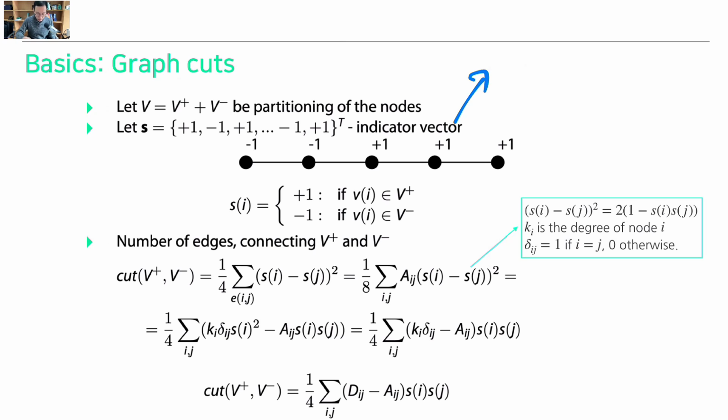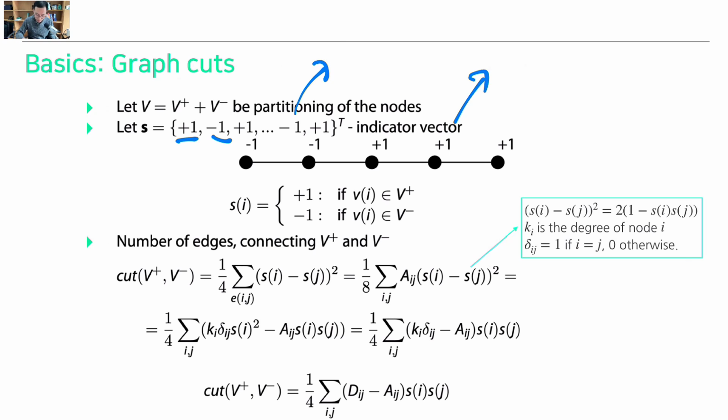Once again, we are interested in finding two partitions. Let's say V is composed of V plus and V minus. Assume that we have two partitions. The indicator vector is composed of -1 or +1, so it has just two values, and it has as many integer values as there are vertices.